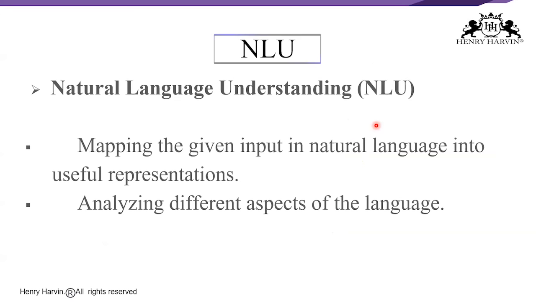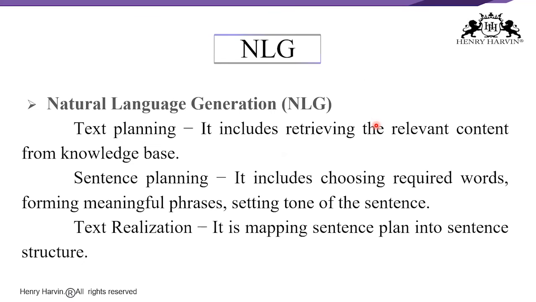One is natural language understanding. What is natural language understanding? Mapping the given input in natural language into useful representations, or analyzing different aspects of the language. The second one is natural language generation. Here, the text is being planned.